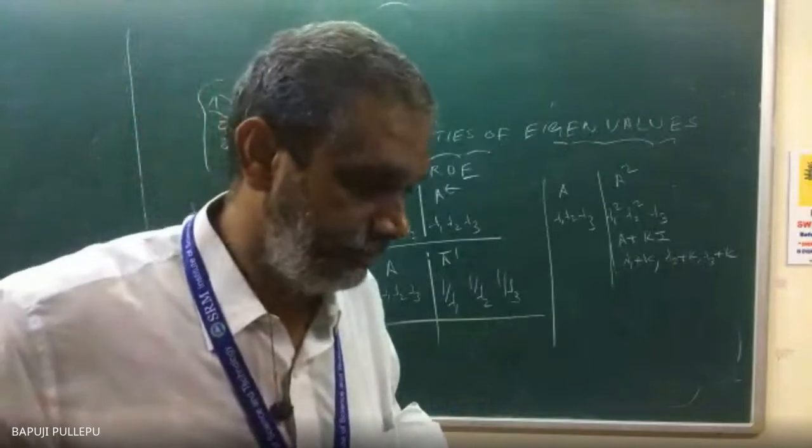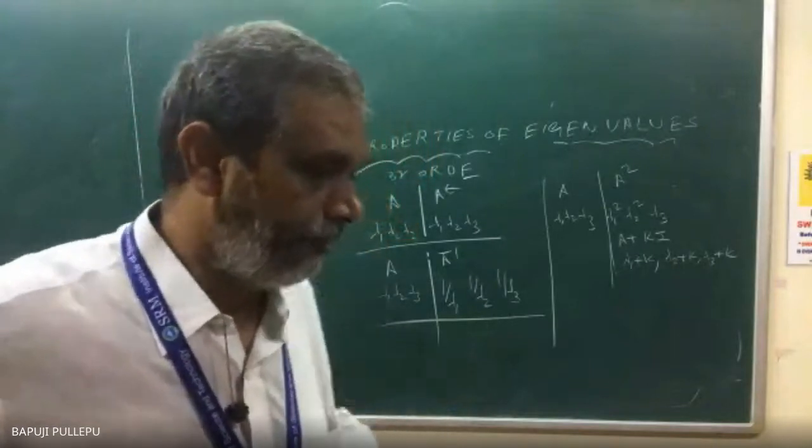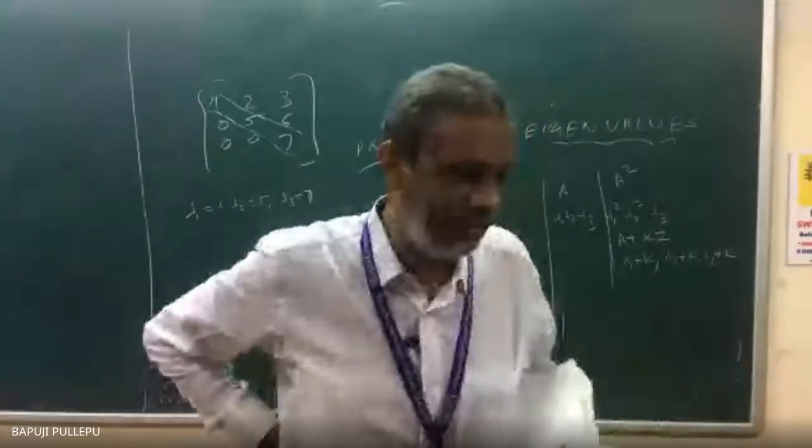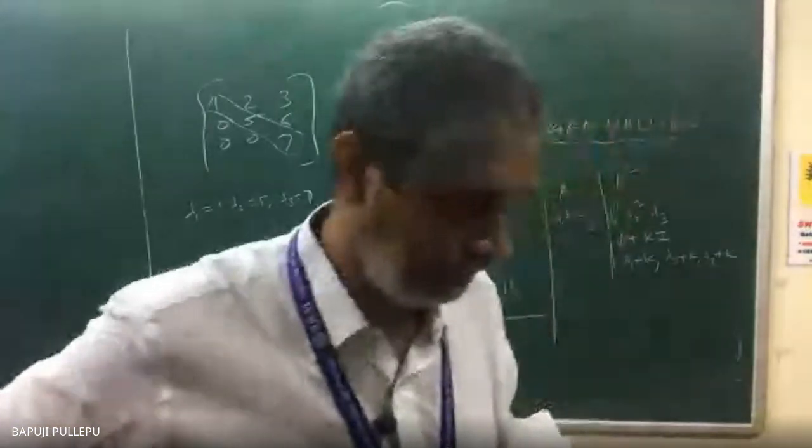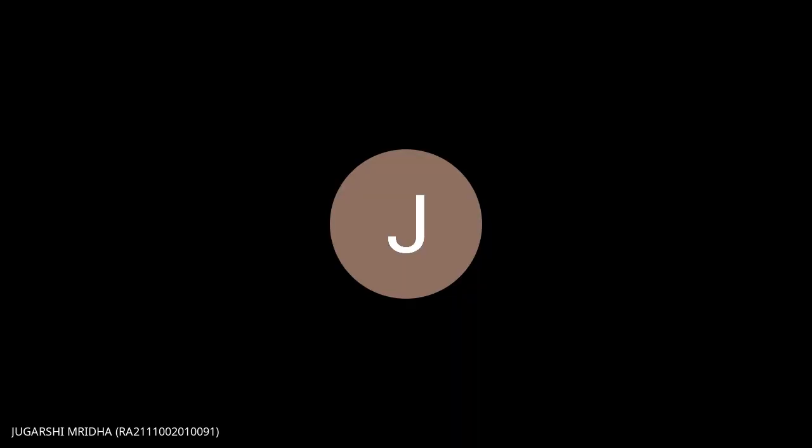Any doubt? A student asks whether for A square it should be lambda 1 square plus k1. No, that is confusing. That story is over.